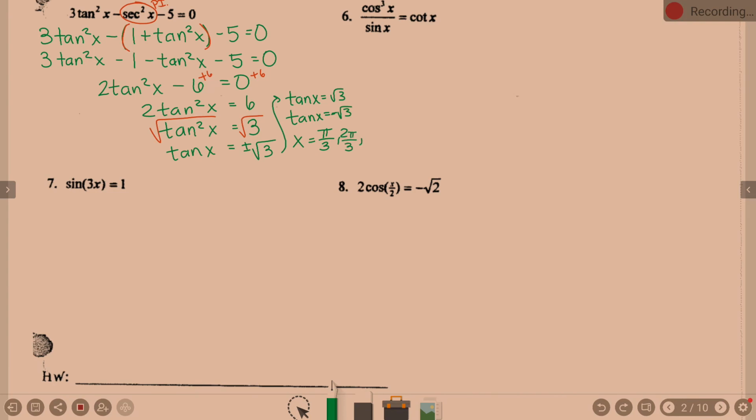Quadrant 3. This is my other positive angle, right? This is where tangent is going to be positive. What is pi over 3 down from the x-axis? And that's going to be 4 pi over 3. And quadrant 4.